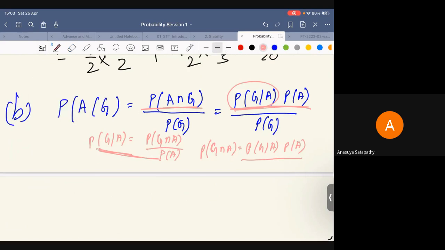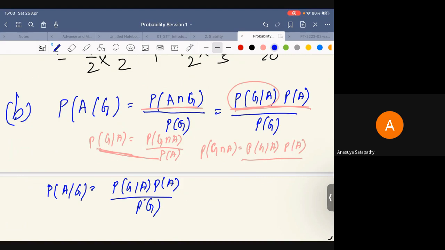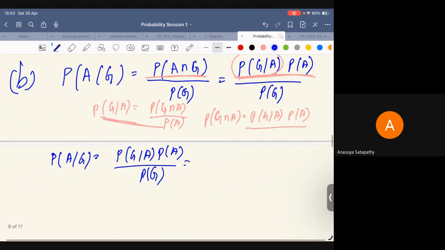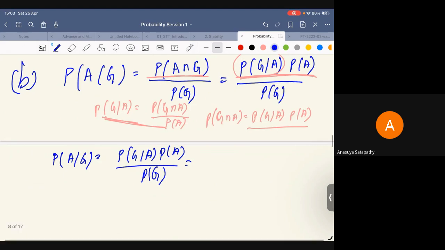So from here, now apply it. What is the probability of getting a green ball when we have selected urn A? 1 by 2 into 1 by 2, right?